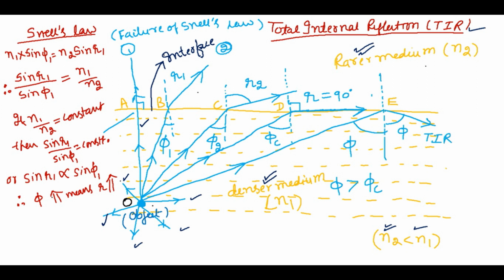You can see this is the symbol for normal. So it is striking normally. Such a kind of incidence is called normal incidence. So in this case, for this ray, the angle of incidence is 0 degree.